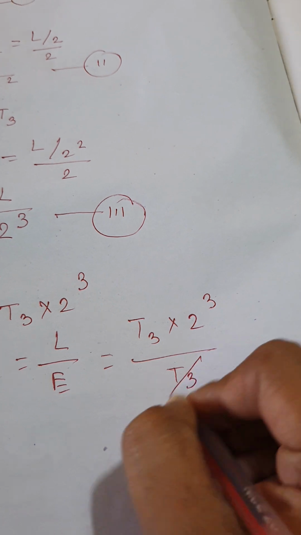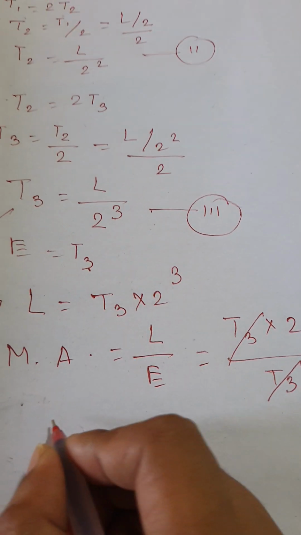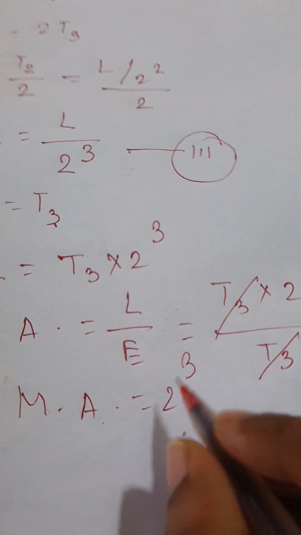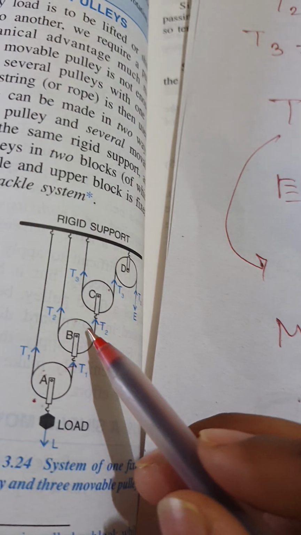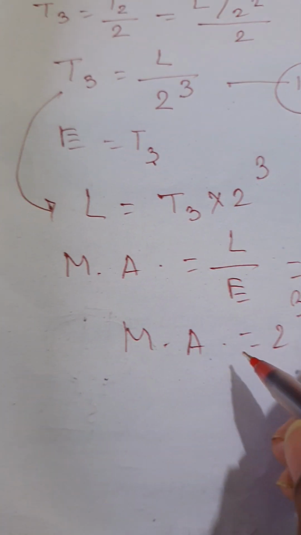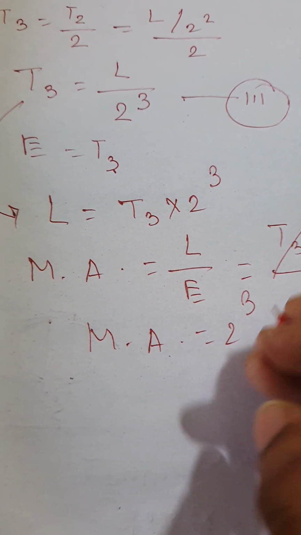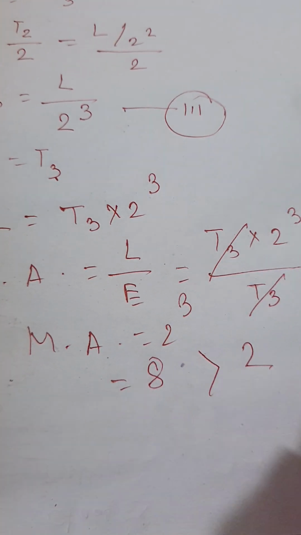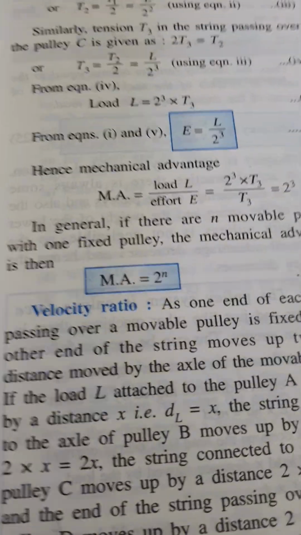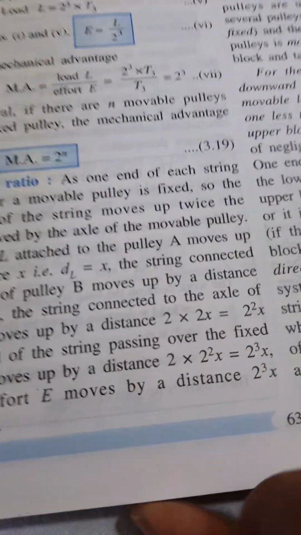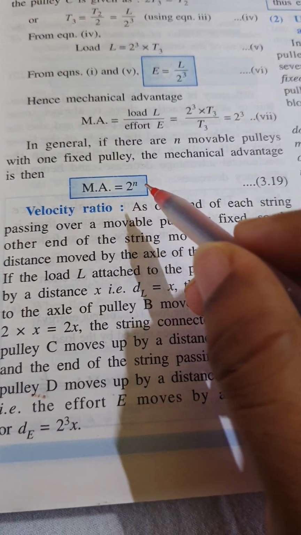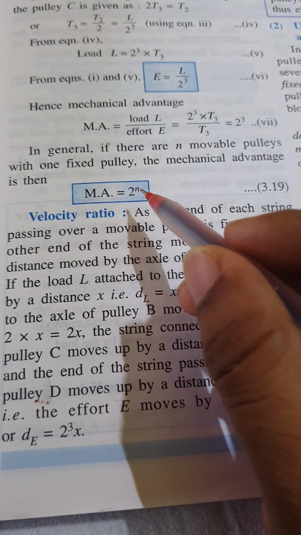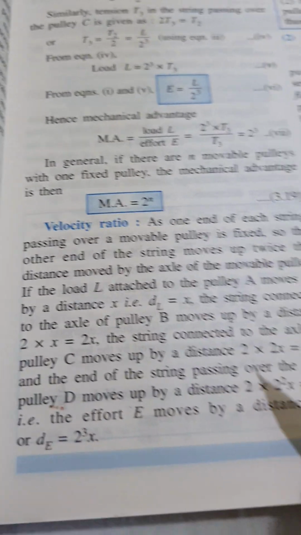T3 cancels, so mechanical advantage is 2 to the power 3. How many movable pulleys are there? Three movable pulleys. So mechanical advantage is 2 to the power 3, which is 8, greater than 2. Here it is written 2 to the power n, where n is the number of movable pulleys. This is the mechanical advantage of this type of combination.